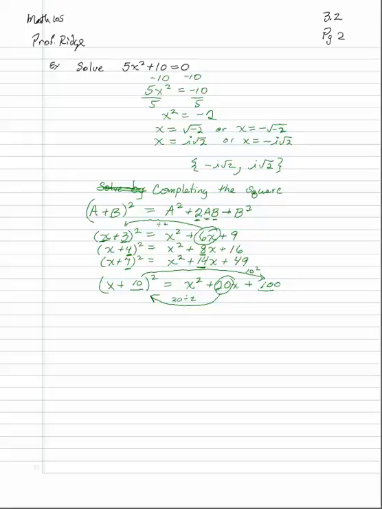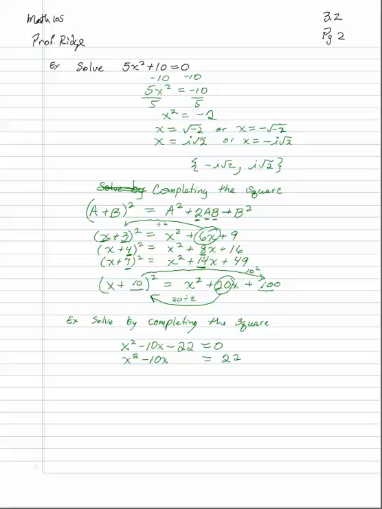So, if I want to solve an equation by completing the square, okay, let's look at x squared minus 10x minus 22. So again, if I want to complete the square, my first step is I'm going to get rid of the constant term, put it to the other side. So add 22 to both sides.